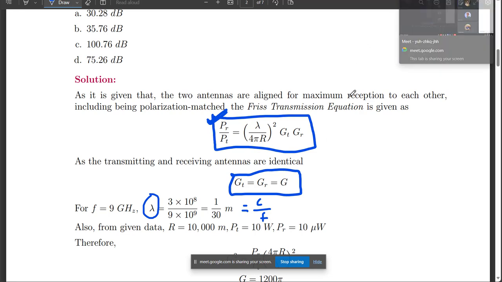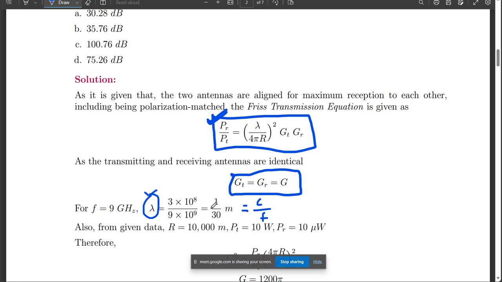Lambda is equal to C by F. Yes, very good. So lambda is equals to C by F. F is given to you, which is equals to 9 gigahertz. We will be able to find out lambda, which is equals to 1 upon 30 meters.